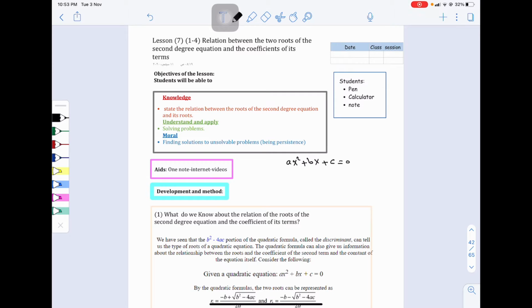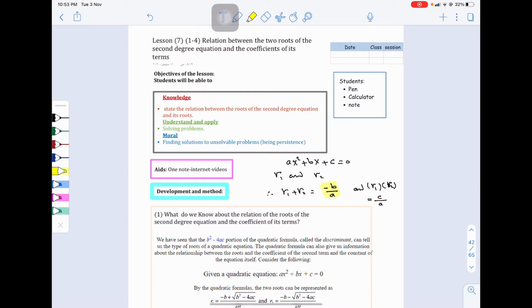Then if the two roots are r1 and r2, therefore r1 plus r2 equals negative b over a, and r1 product r2 equals c over a.